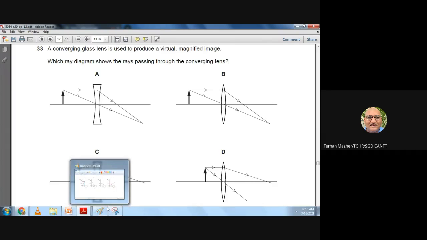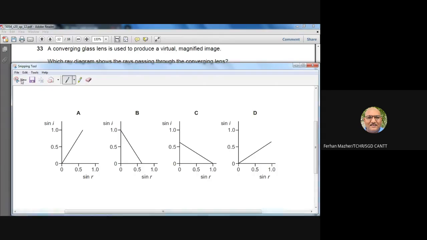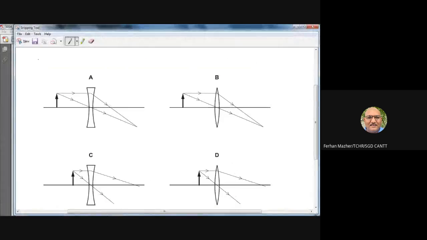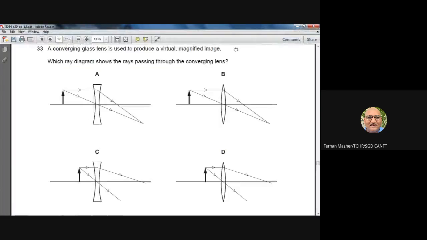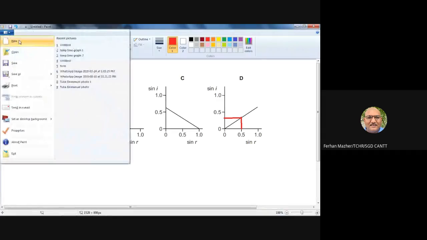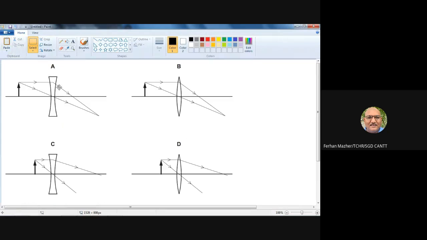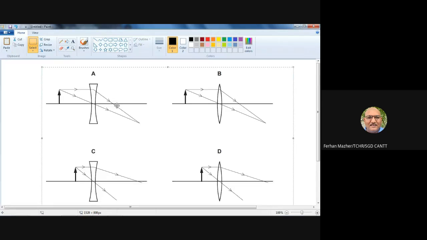Let me take them into the paint and show you how this is done. The image is here. This image, this diagram is basically wrong.